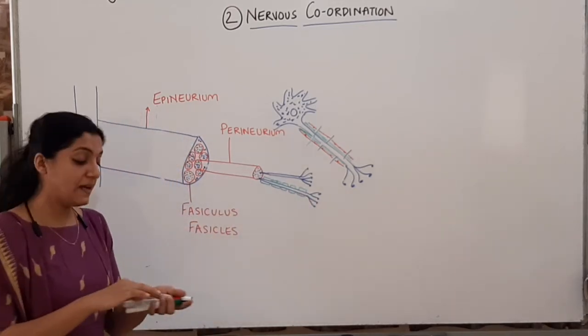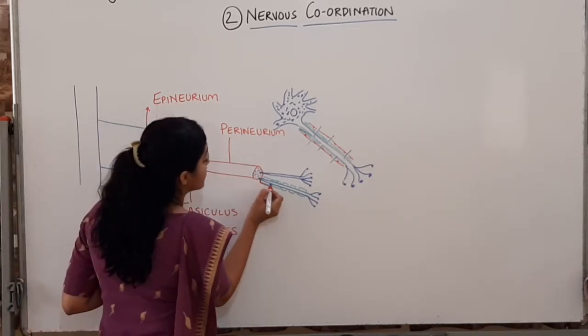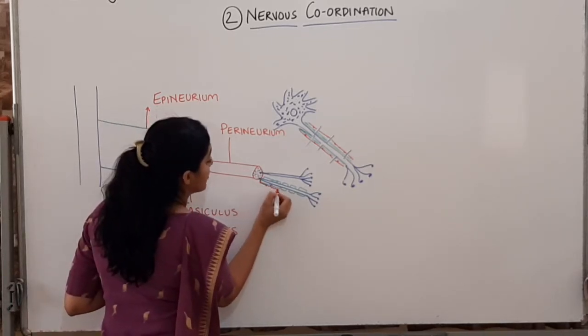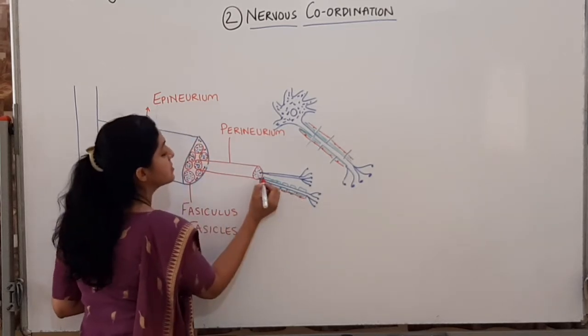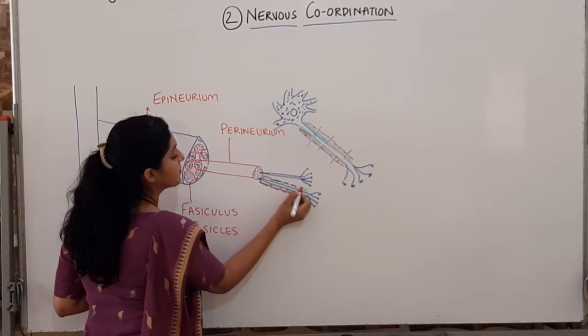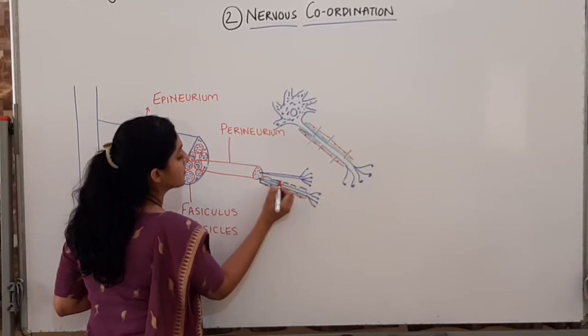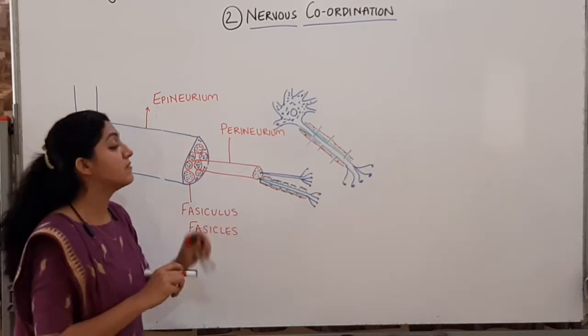All right, and I'm going to have the neurilemma and the Schwann cells. So this is going to be my neurilemma with the Schwann cells. The Schwann cell nucleus is going to be present.